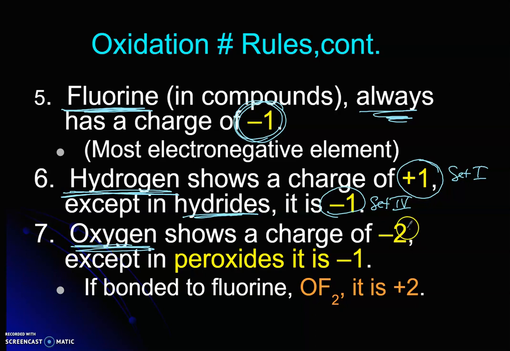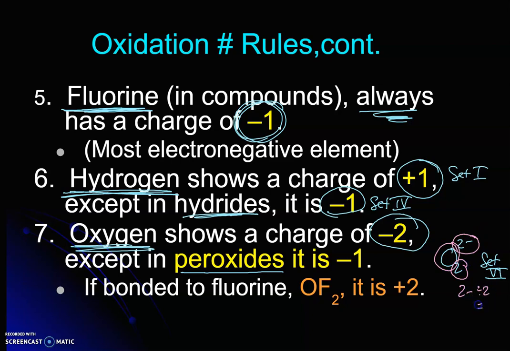Another big common element is oxygen. It will almost always be a 2-, except for peroxide, which is O2 2-. Remember that from set 6 of our common ion sheet. If you divide up the charge for each of your oxygens, 2- divided by 2 means a 1- charge.